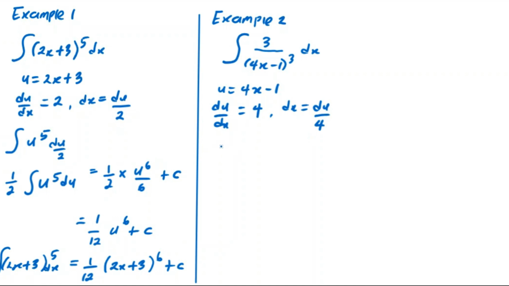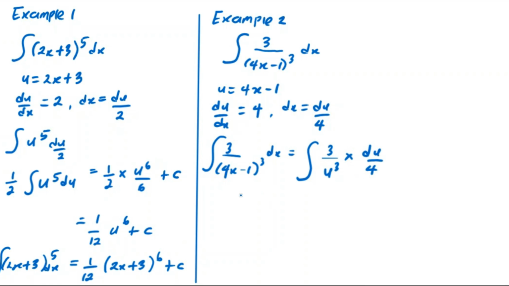So it means that the integral of 3 divided by (4x minus 1) raised to the power 3 dx will be equivalent to the integral of 3 divided by u raised to the power of 3 multiplied by dx, which is now du over 4. So we can factorize 3 over 4 out. So this will be 3 over 4 times the integral of 1 over u raised to the power of 3 du.